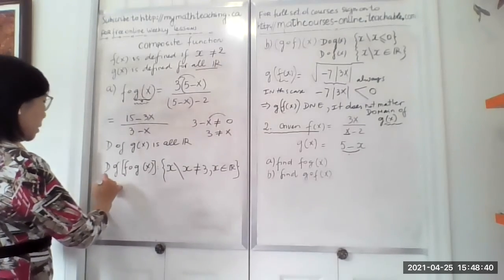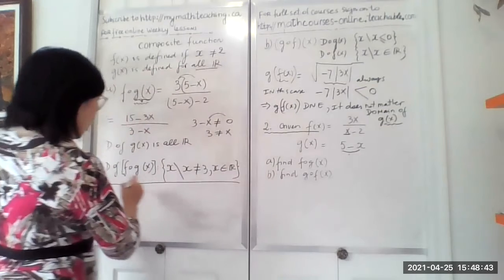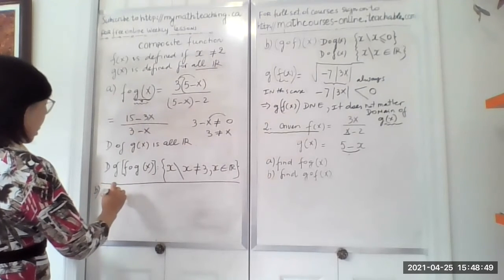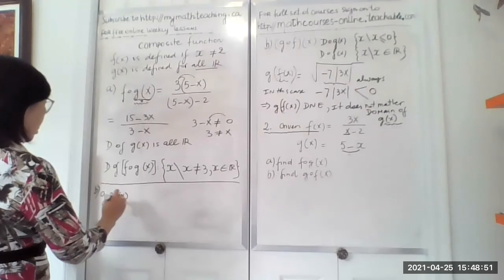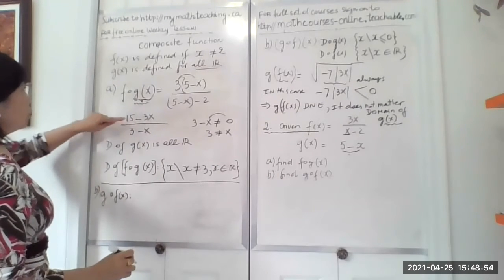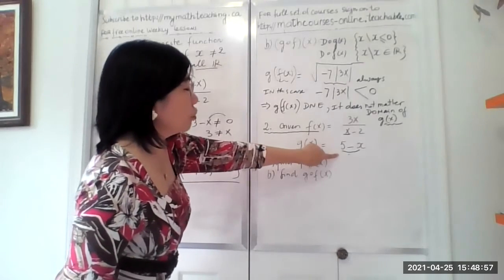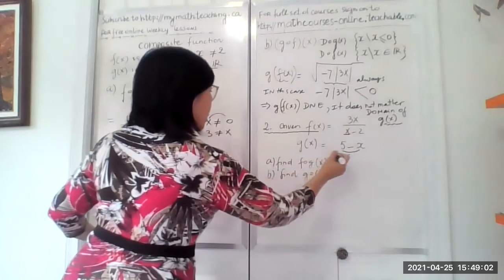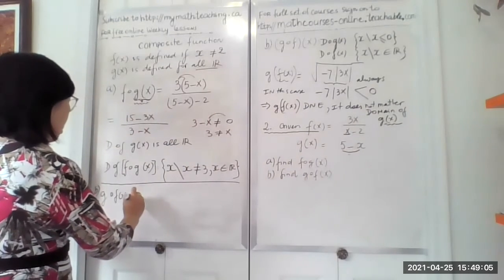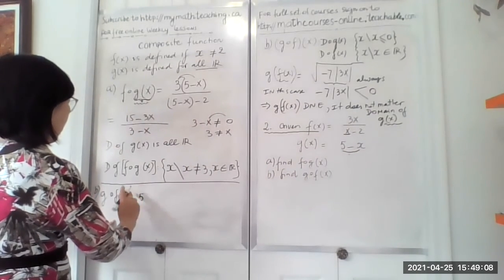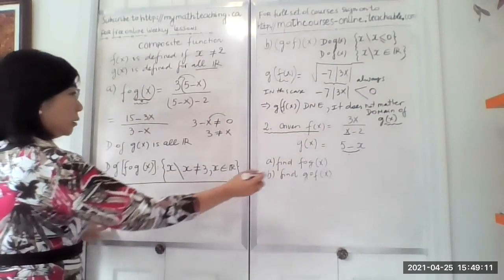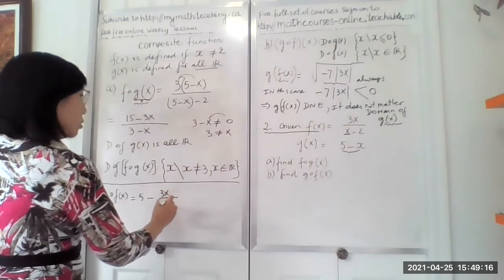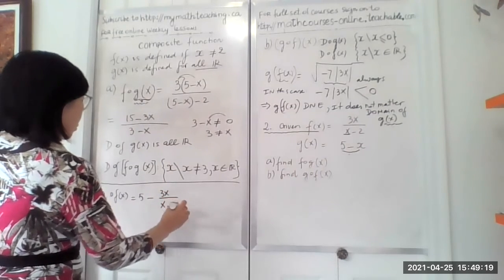Now let's do question B. B will do the opposite. We'll find g of f of x. Here g will be the outer function and f(x) will now be the inner function. So following the expression g(x) equals 5 minus x, it will be equal to 5 minus, where the x is replaced by the whole f(x), 3x over x minus 2.